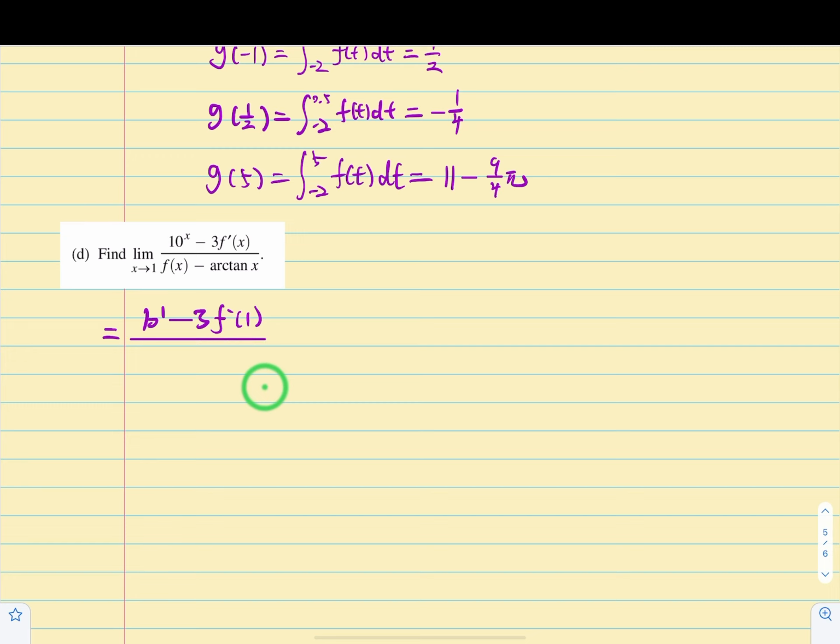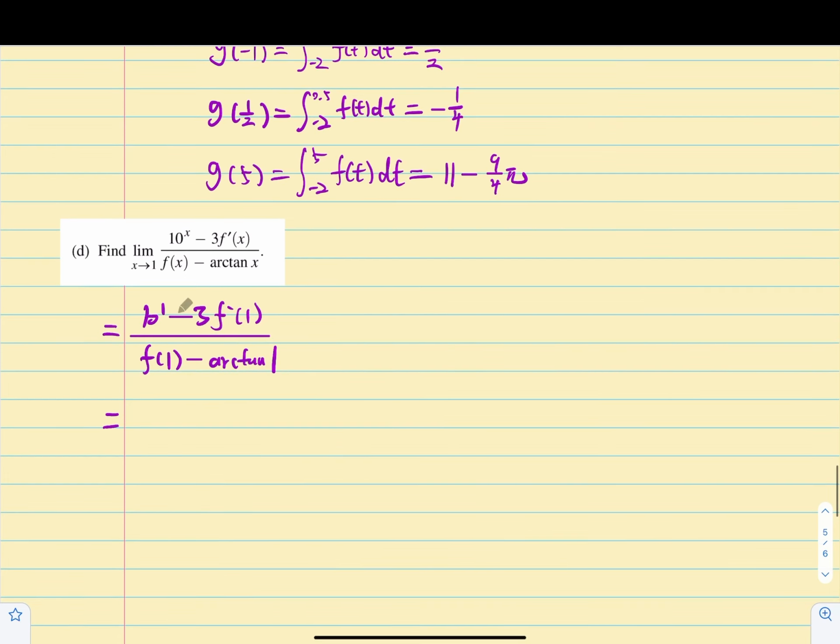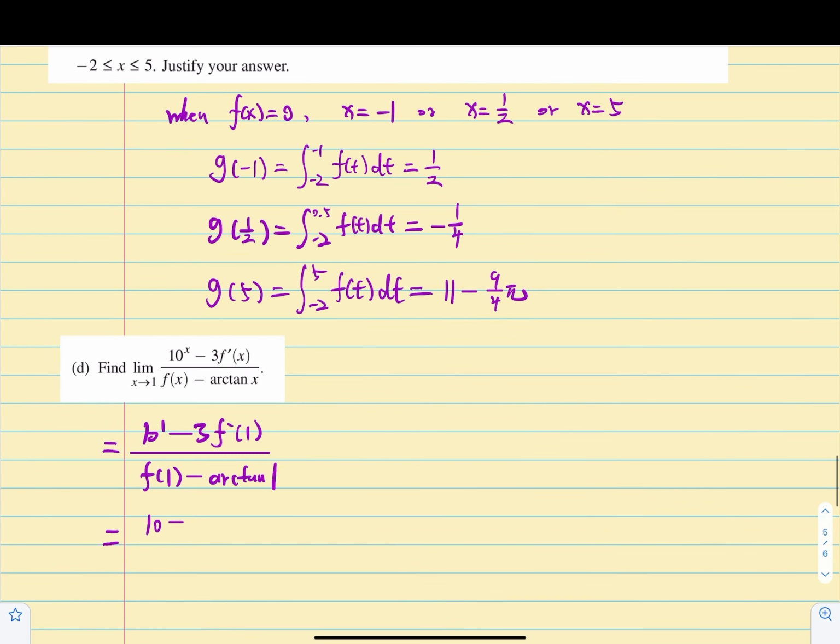So the derivative of f of 1 is f of 1 minus arctangent 1. If the numerator and denominator aren't zero, we will find the answer. Because here is 10 minus 3 f prime of 1.